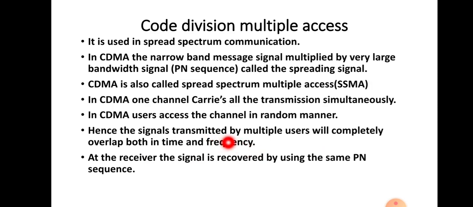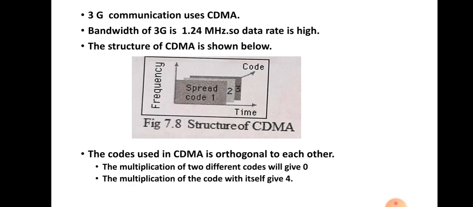That means there is a problem of intersymbol interference in CDMA, because all the users are transmitting at the same time. As a result the problem of ISI will be there. At the receiver side, the receiver will multiply the received signal with the same PN sequence. So at the receiver the signal is recovered by using the same PN sequence.